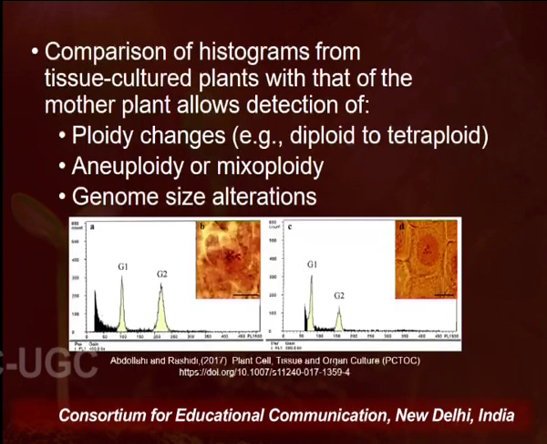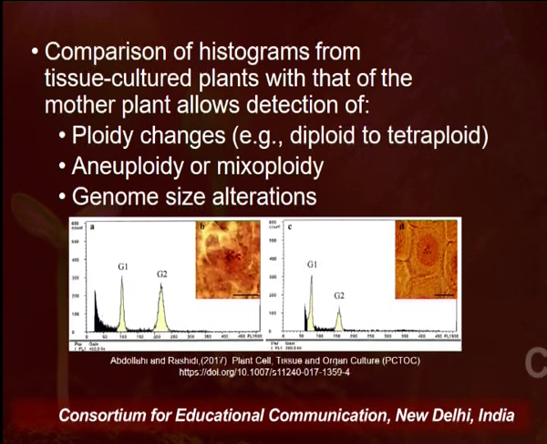Now if you look into this image, it clearly shows an example of how cytometry is beneficial in assessing variations. A comparison of histograms from the tissue cultured plant and the mother plant is done, which will give you a clear cut idea whether there is any change in the chromosomes or the number of nuclei in the cell.